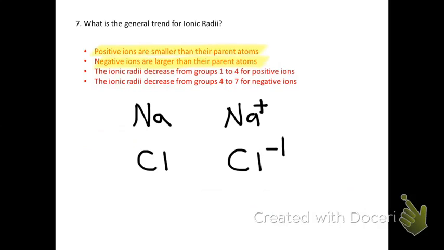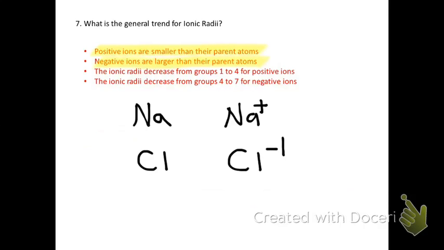When a negatively charged ion, an anion, is formed, it adds extra electrons to the valence shell, which gets bigger because of more repulsion. Therefore, the radius of anions is larger than their parent atoms. Let's summarize: metals lose electrons, so they lose an entire shell.